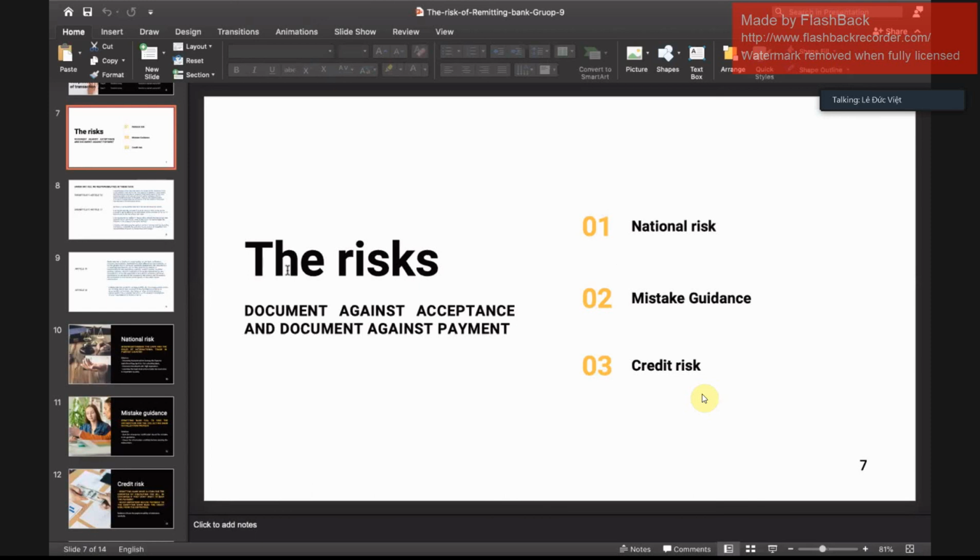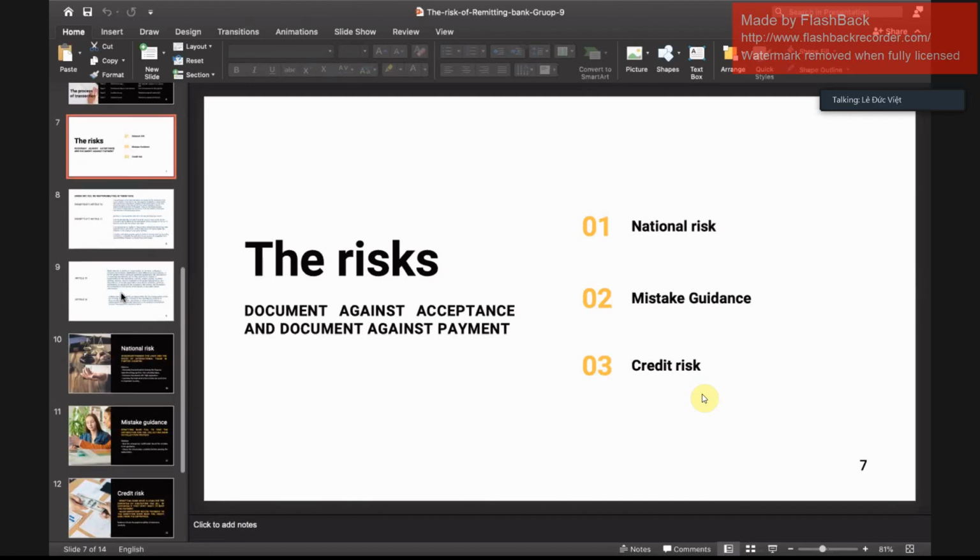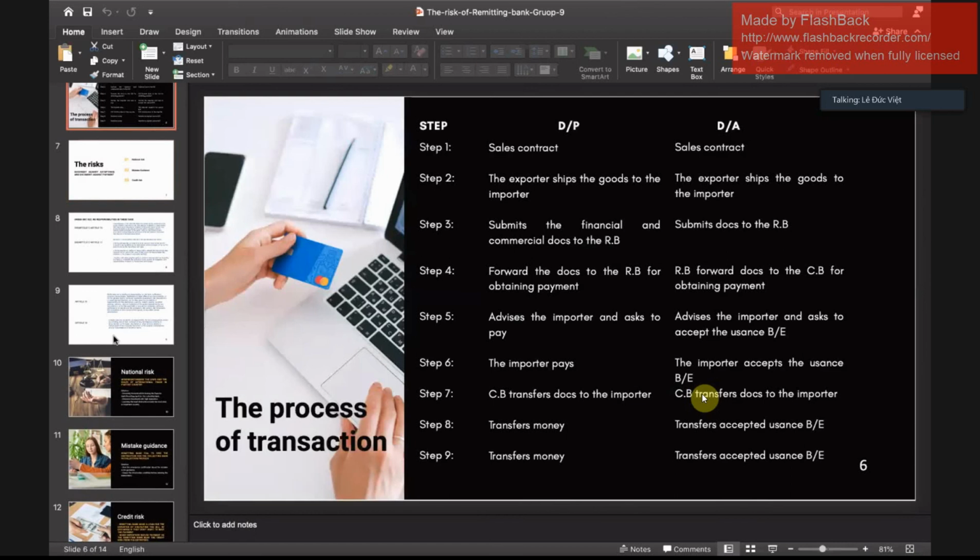My group's answer is no, because the remitting bank just takes the documentary from the exporter and transfers it to the collecting bank, and takes the money from the collecting bank and transfers it to the exporter. So the exchange rate risk is not incurred. Okay. So now answer my question first, and then we come back to your answer.